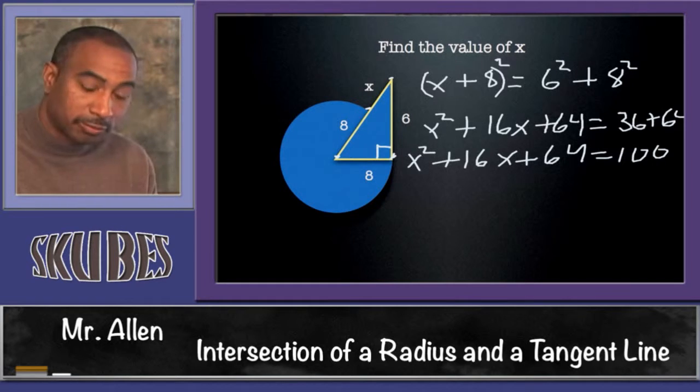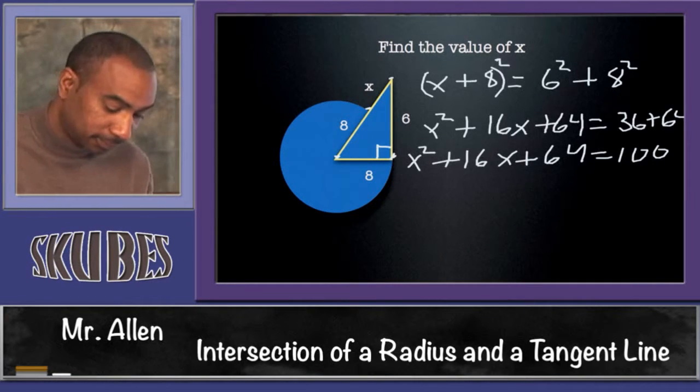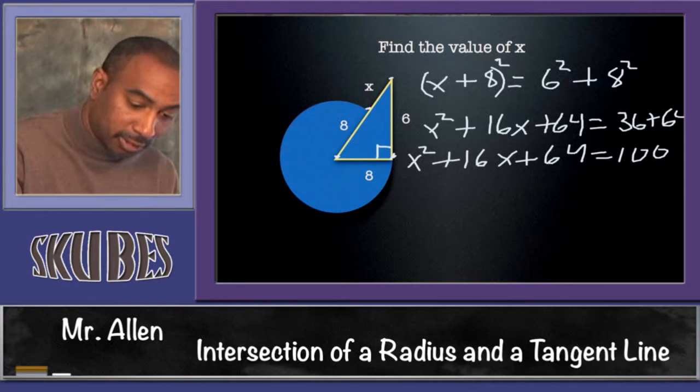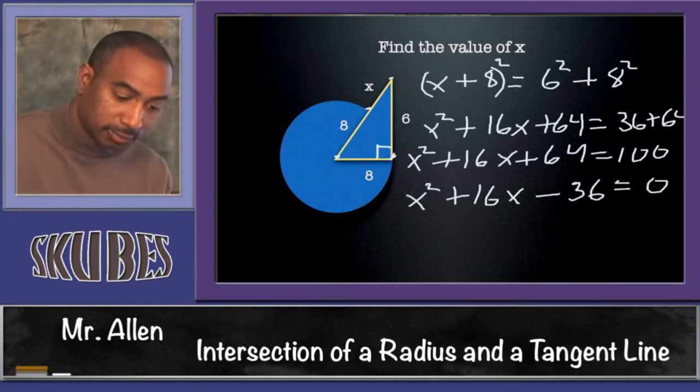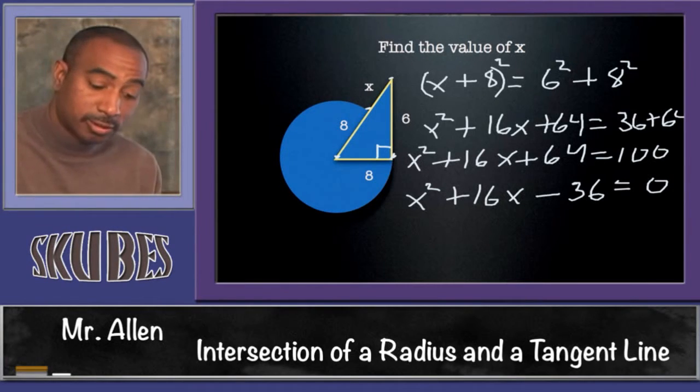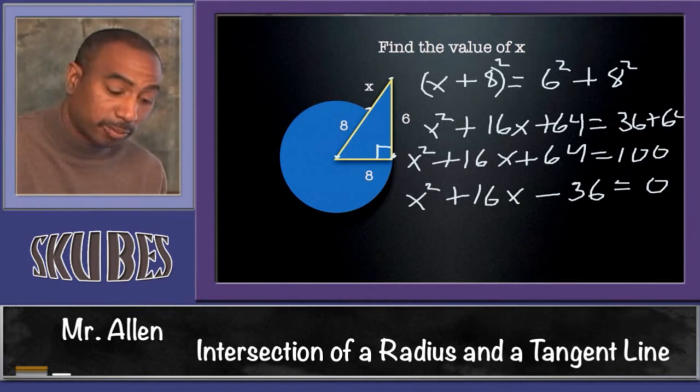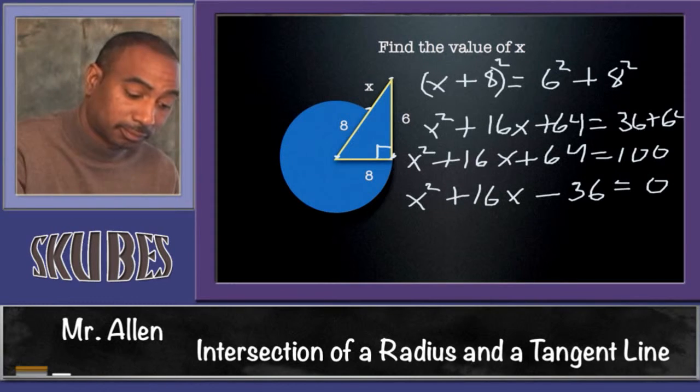And what you're going to do is take the difference to both sides. So when you do that, you're going to get x squared plus 16x minus 36 equals 0. And you're going to have to factor this, or you can use the quadratic formula. I prefer to factor.